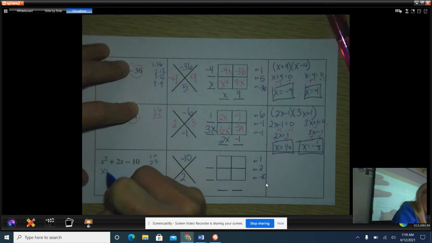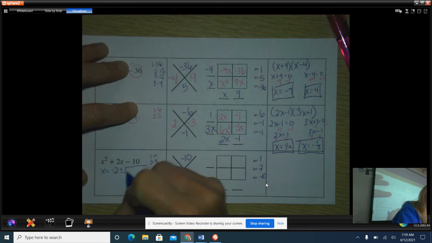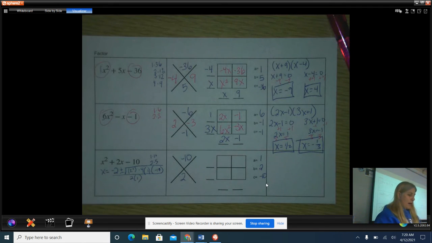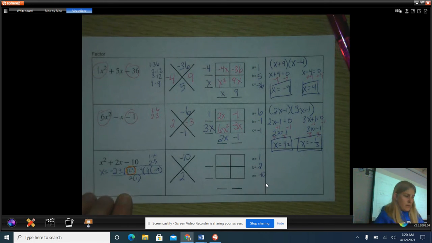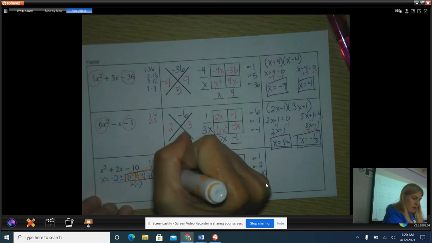X is equal to negative b plus or minus the square root of b squared minus 4ac all over 2a. Now remember, as you're solving, you're going to solve 2 problems. We're going to do our square root, and then we're going to multiply these 3 numbers together.